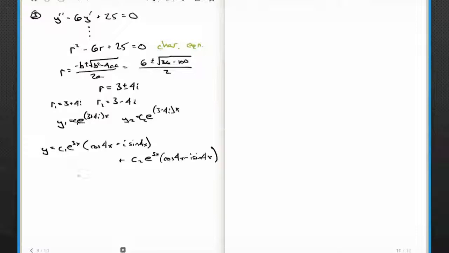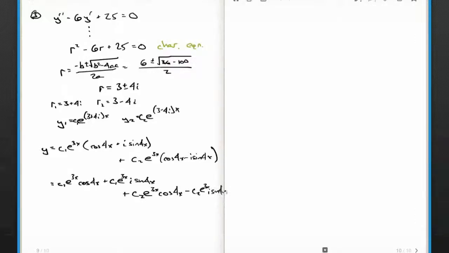So we can do a little algebra here. This just becomes kind of an algebra fest, but I'll run through it anyway. We can distribute this. We have C1 e to the 3x cosine of 4x plus C1 e to the 3x i sine of 4x plus C2 e to the 3x cosine 4x minus, well, that's important, C2 e to the 3x i sine 4x.